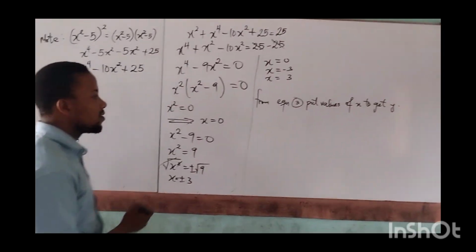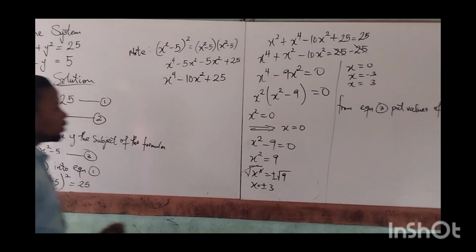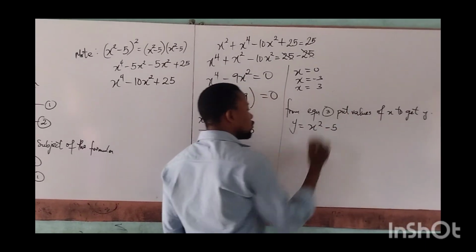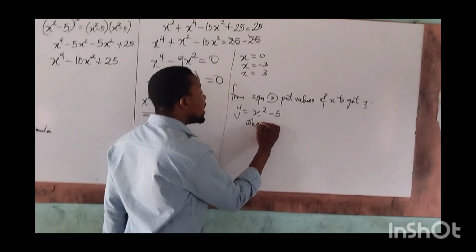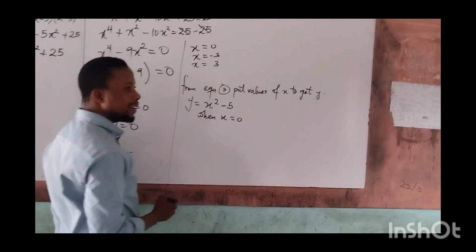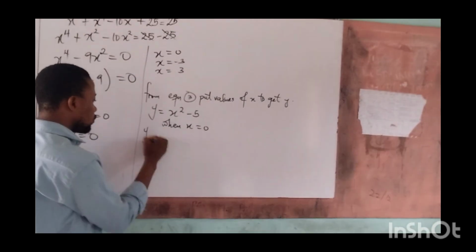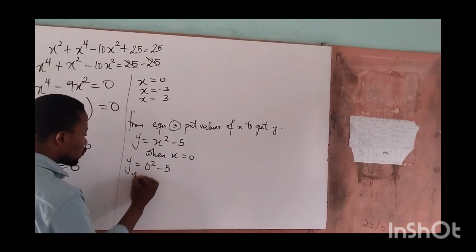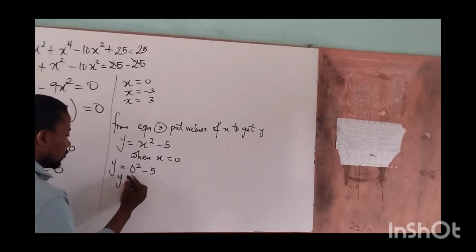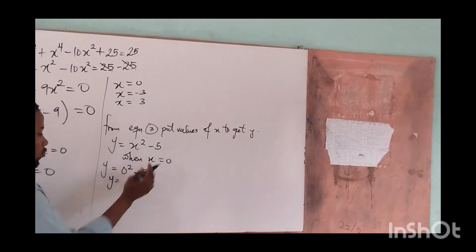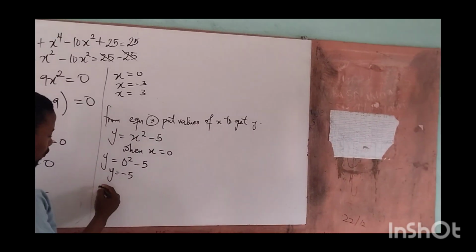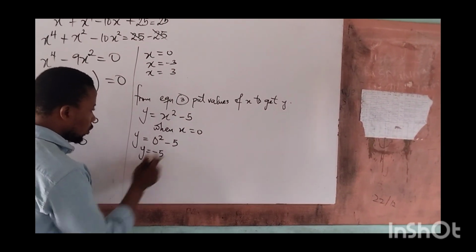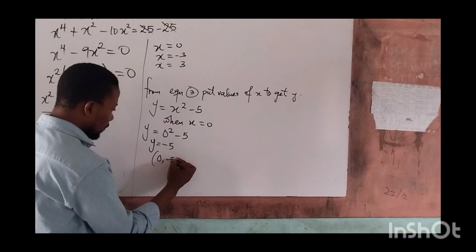Recall, y is equal to x squared minus 5. So when x is equal to 0, what will be my y? I will just put y equal to 0 squared minus 5. 0 squared will give me 0 and this one will give me minus 5. So when x is equal to 0, y is equal to minus 5.